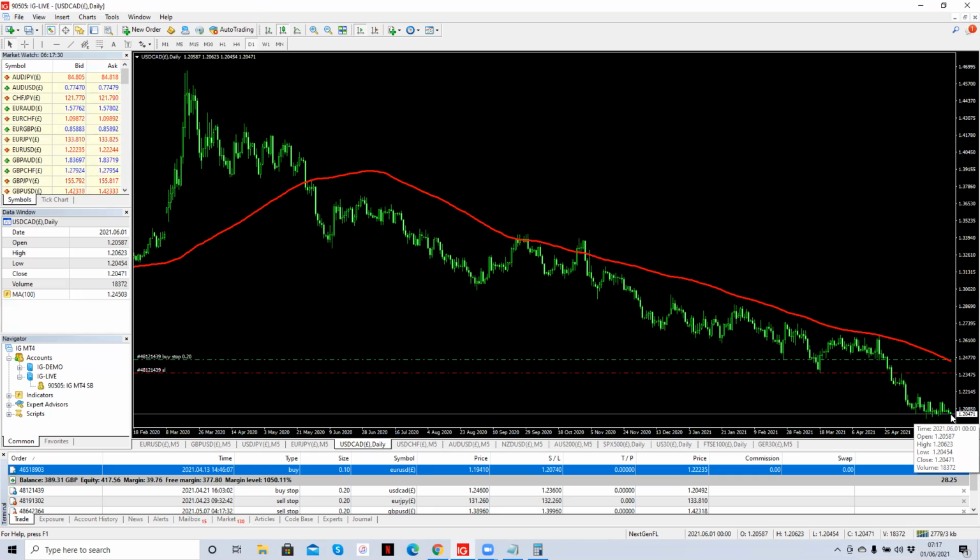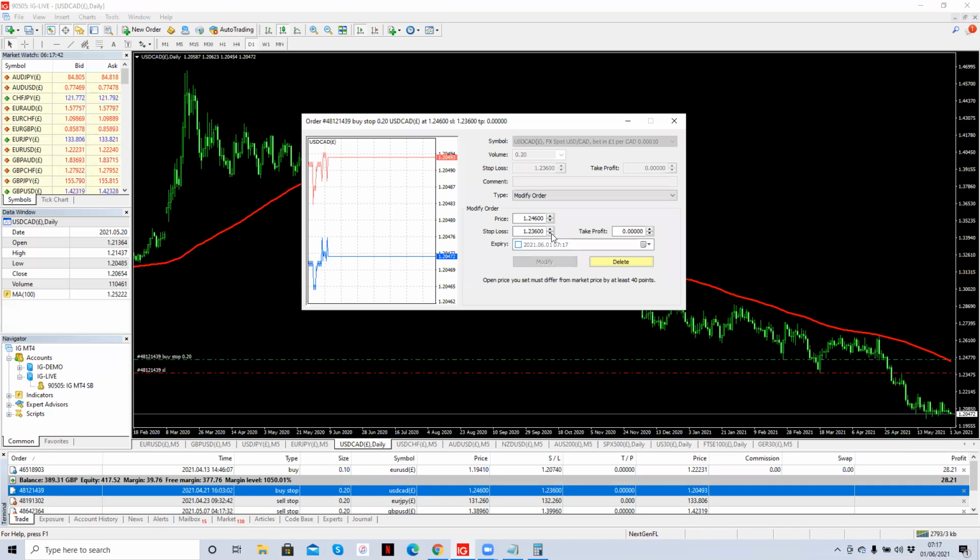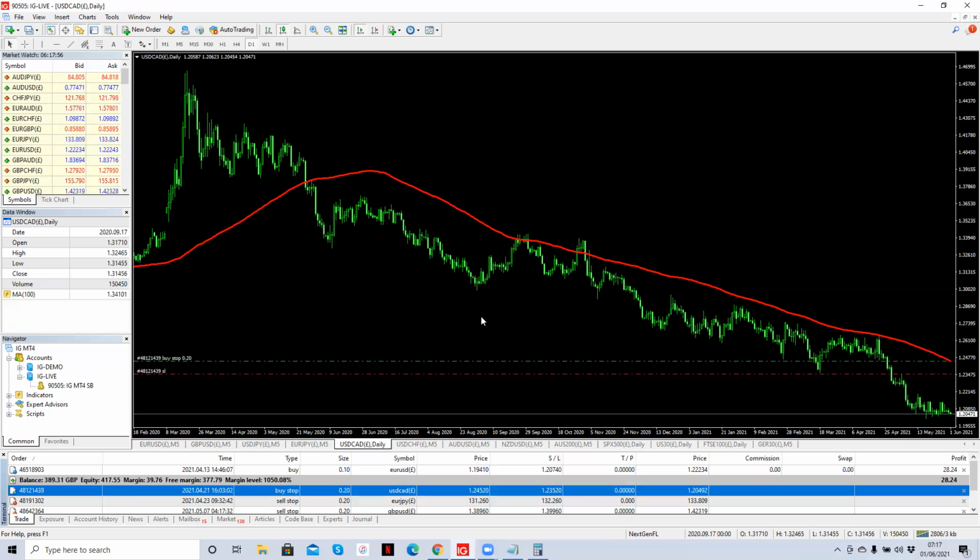So today, the moving average 100 is 1.2450. So I'm going to adjust my pending order to 2 pips above that at 1.2452. So just going to modify my pending order to 2 pips above the moving average 100 to 1.2452, and my 100 pips stop loss 1.2352. So that's all I need to do from the swing trade point of view.